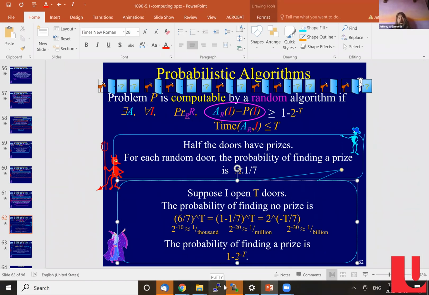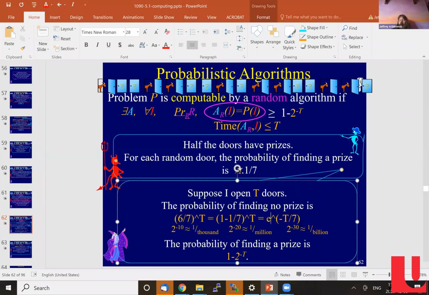And the reason it's t over 7 is because I have to look at about 7 doors before I expect to find a prize. If 1 in 7 has a prize, then after I look at 7 of them, I'm expected to get a prize. So actually, let's change this from a 2 to an e.